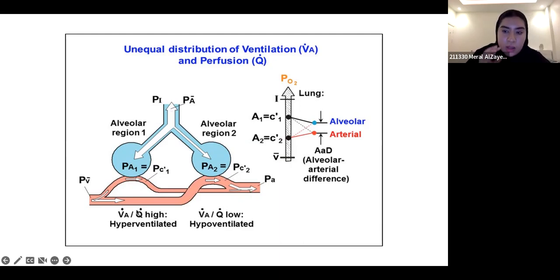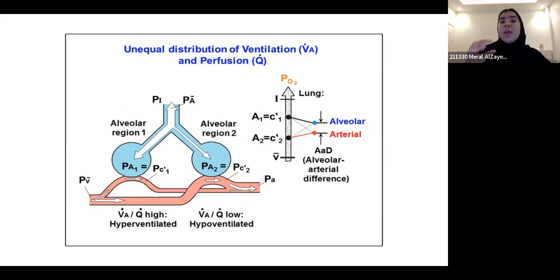Again, it's hyperventilated, so it will have a high VQ ratio. So the high VQ ratio indicates that the partial pressure of oxygen will be higher than normal, or high, okay. While in alveolar region 2, we have low ventilation and high perfusion.